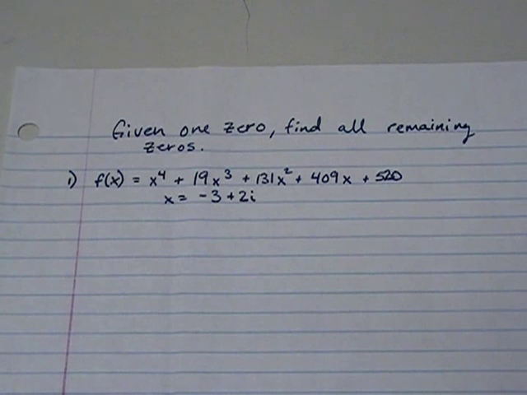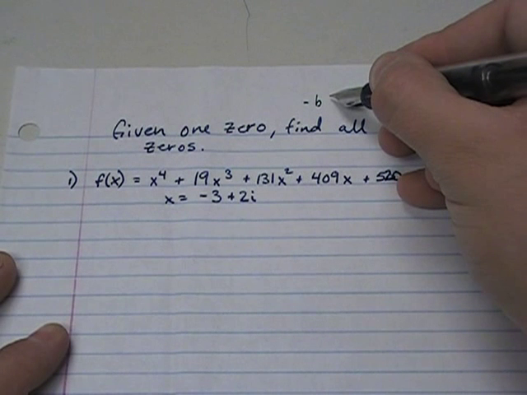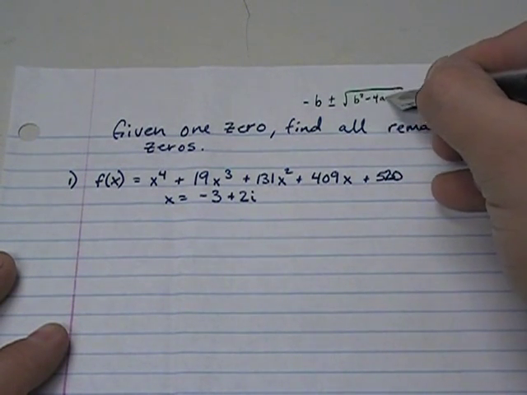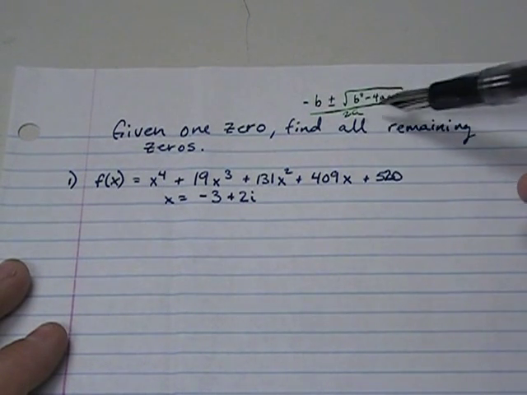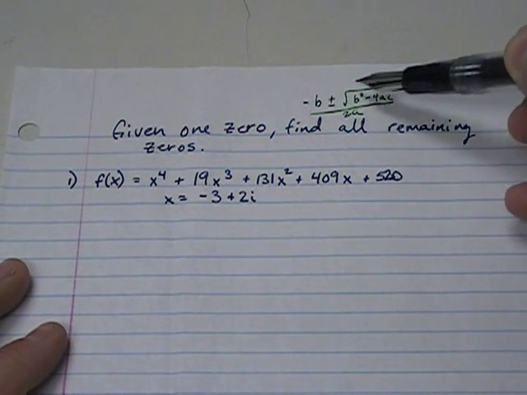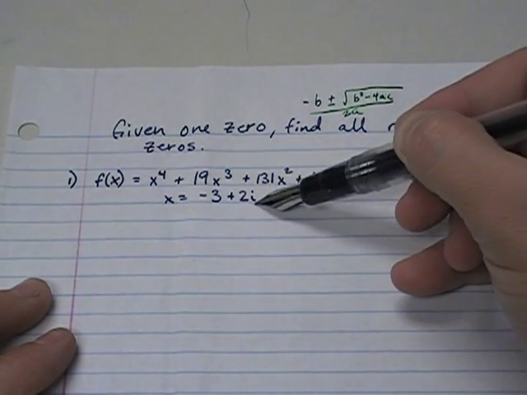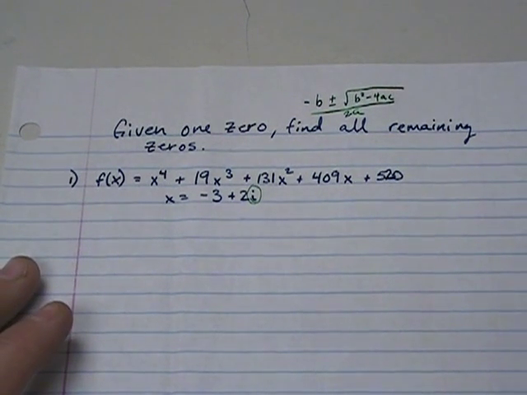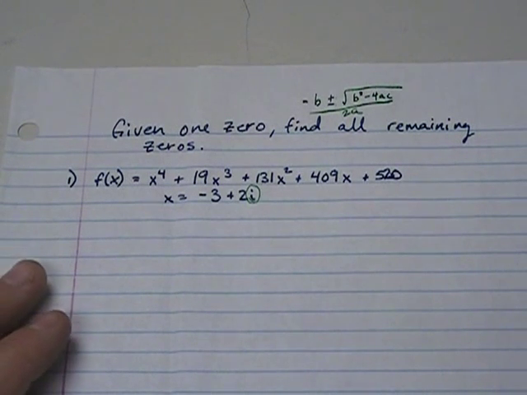And if you think about the quadratic formula, negative b plus or minus the square root of b squared minus 4ac all over 2a, anytime you have this radical, it's always going to be plus or minus. And so an irrational number, which is caused by a radical, or an imaginary number, which is caused by taking the square root of a negative number, is always going to come in a pair. And that's true for any polynomial.